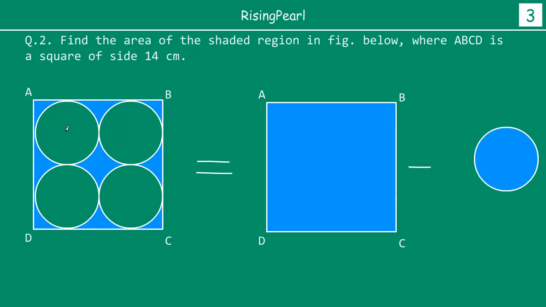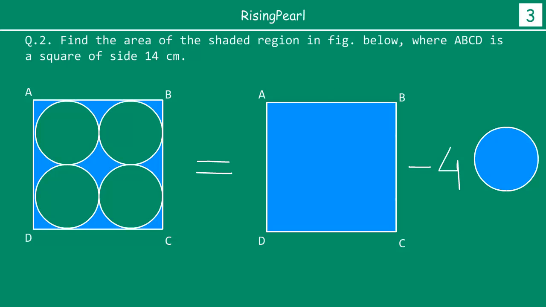Because we have 4 circles, 1, 2, 3, 4. So if we calculate the area of the entire square highlighted in blue, and subtract the area of 4 circles, each circle is like this, so 1, 2, 3, 4, then I get our required area.